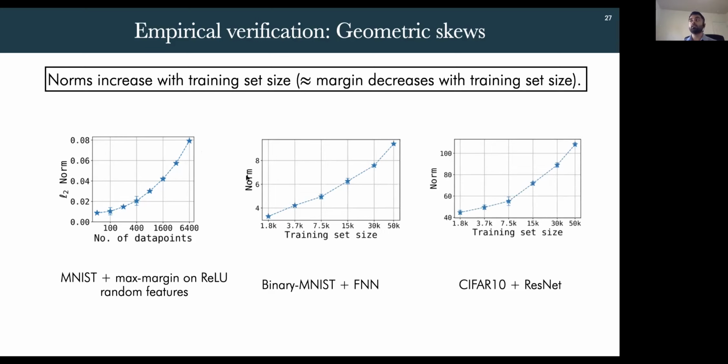And what we see is that as you add more and more training data, you definitely require a lot more norm in your distance from initialization in your deep network in order to classify that training data. Intuitively, this is true because as you have more training data, you add more and more difficult data points, so the classifier has to use much larger weight norms in order to classify the data points.